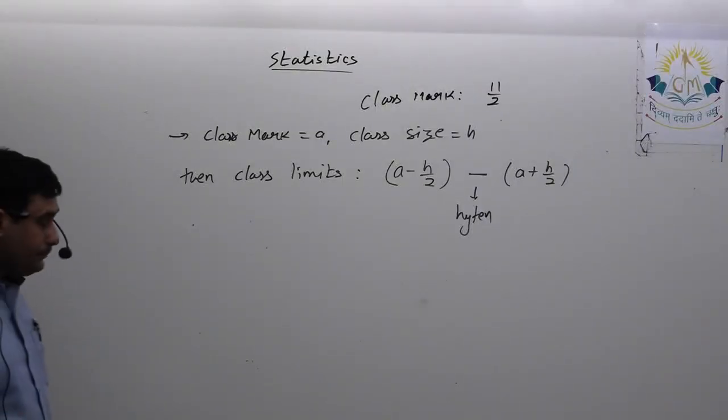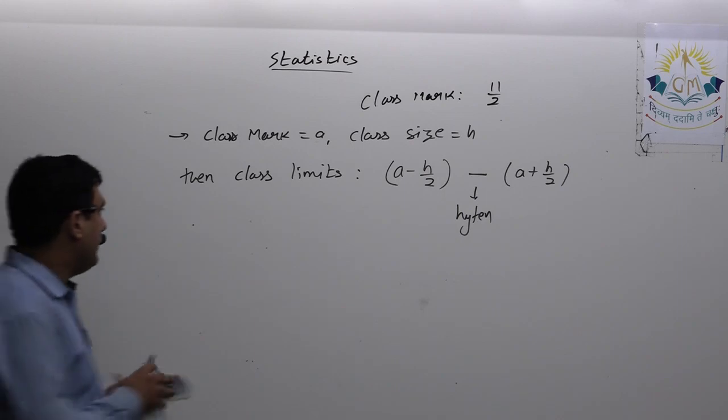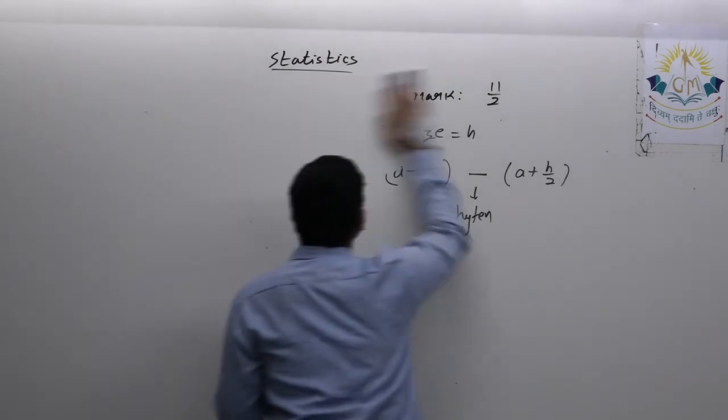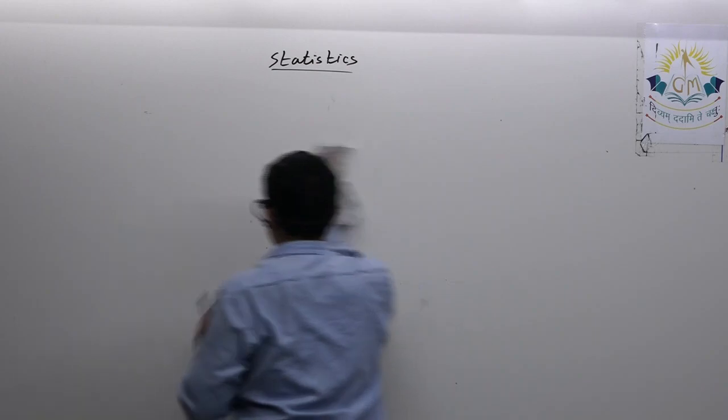Next we will see the graphical representation of the data. There are three ways to represent the data graphically.